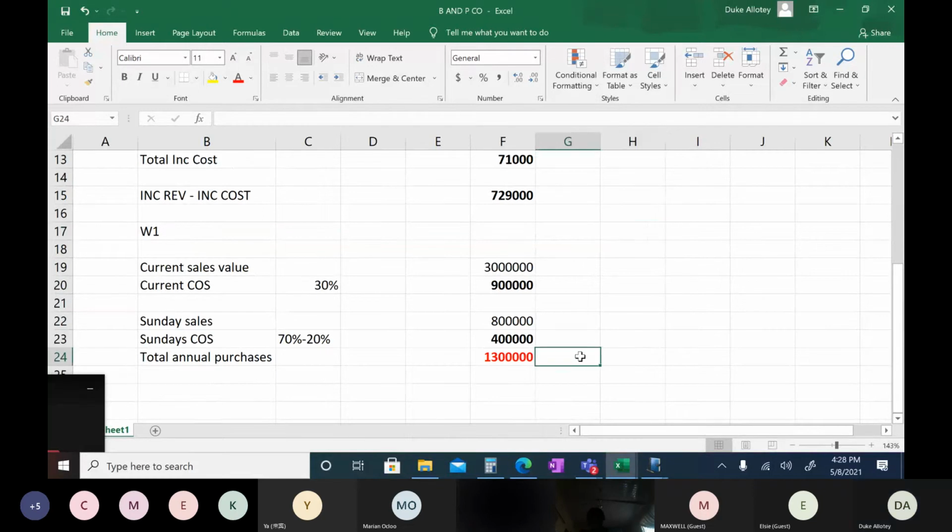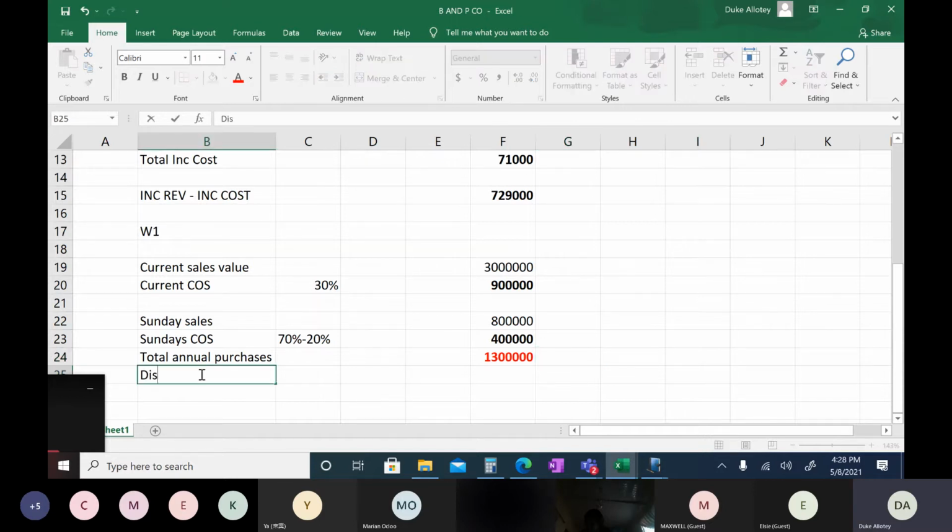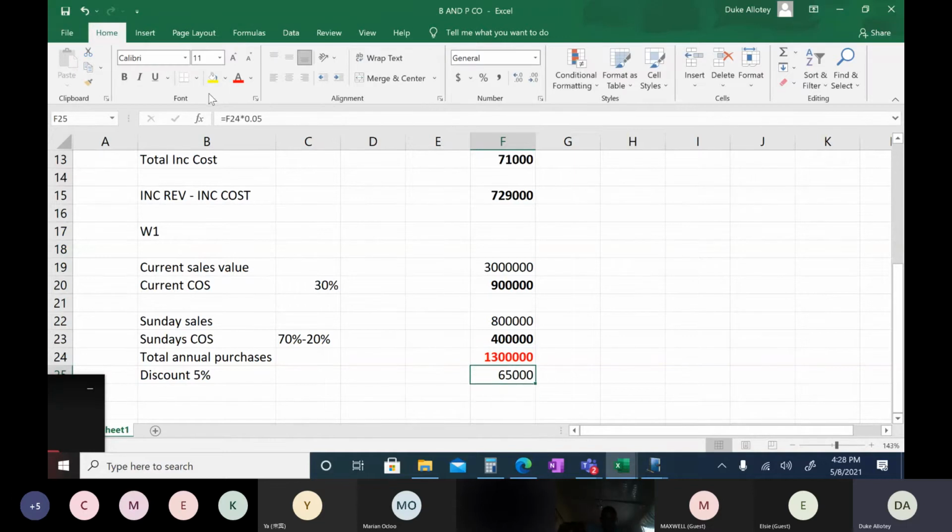Of course, I can write that this is more than the 1 million they are talking about. Therefore, the discount of 5% will simply be equal to that figure multiplied by 0.05. And this big discount you see here, we are only going to apply to Sunday sales only.